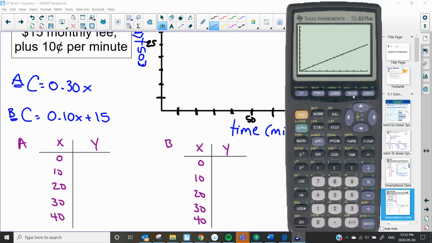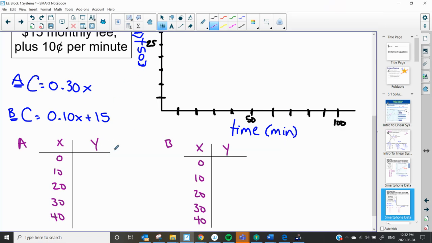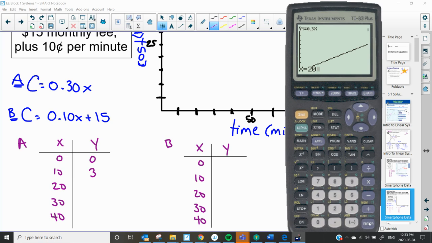So using that trace button, I can type in 0 first. So 0 is at 0. I can type in 10. 10 is at 3. 20 is at 6. 30 is at 9.